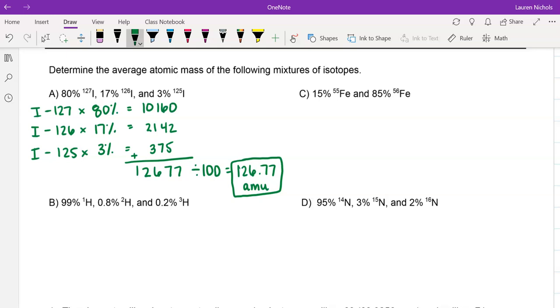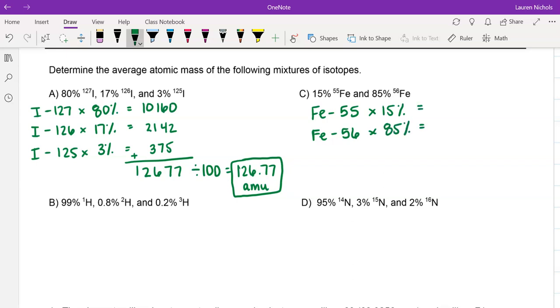And so, again, we can do that for problem C. Problem C is referring to iron-55 and iron-56. They're only 1 neutron apart, but iron-55 is only 15% abundant, whereas iron-56 is 85% abundant.